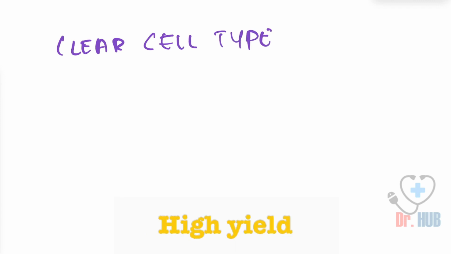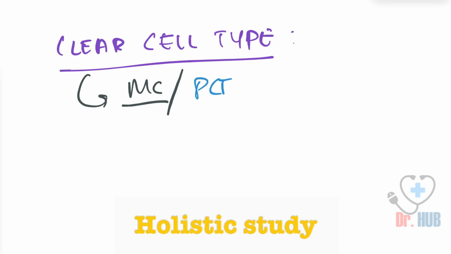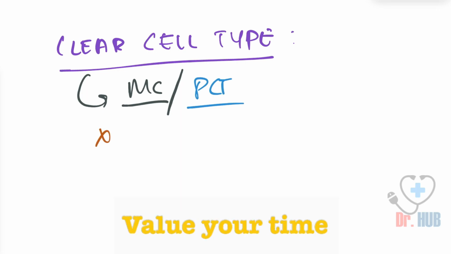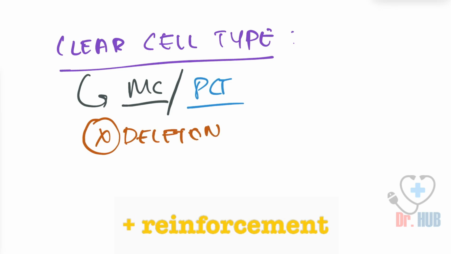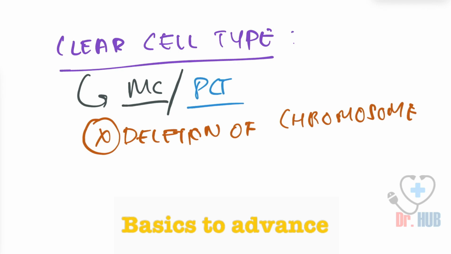First we are going to look at the clear cell type. Under the clear cell type, we need to know that it is the most common type and it originates from the PCT, the proximal convoluted tubule, and it is caused by the deletion of chromosome 3p and 6p.